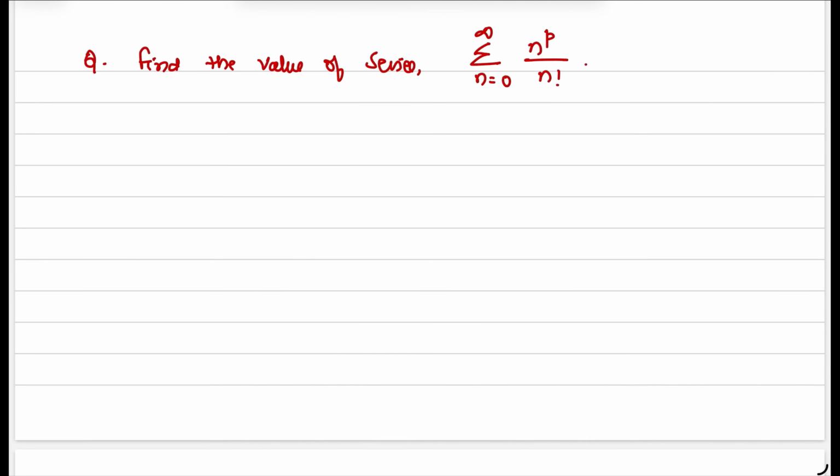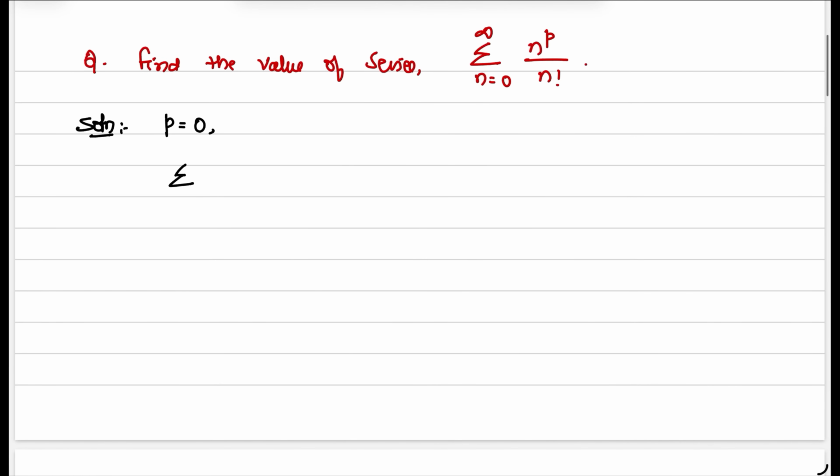Let us try to understand what it is. For example, let us first try to understand the series, what is being asked. Let us try to understand, if p is equal to 0, what happens?